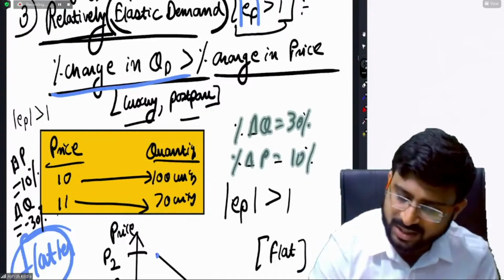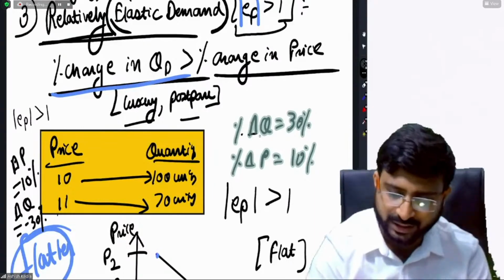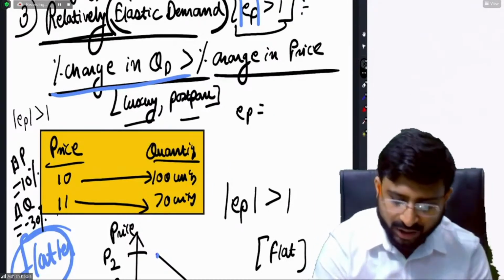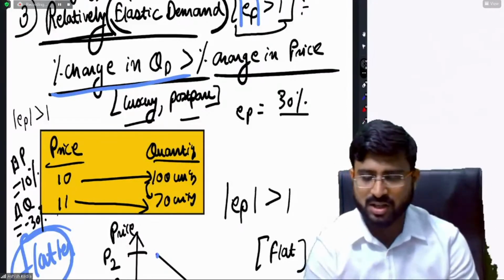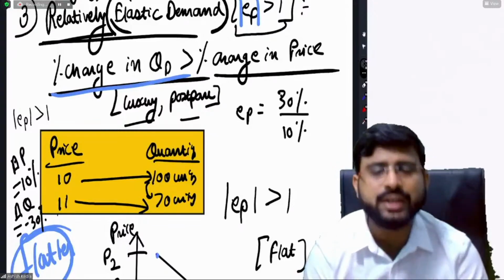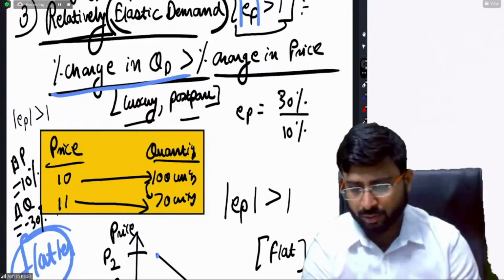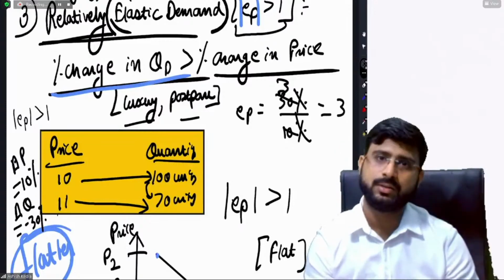Now, if you calculate elasticity, the formula of elasticity is change in quantity by change in price, that is 30% by 10%. So if you remove the percentages, you get elasticity value to be 3.